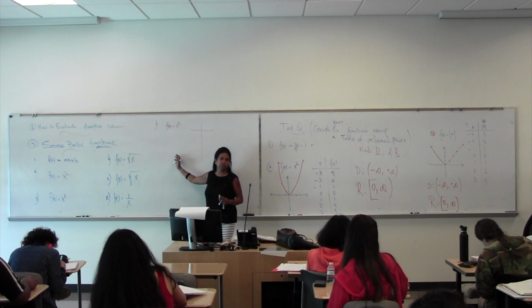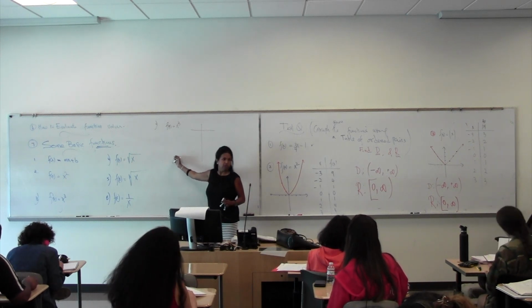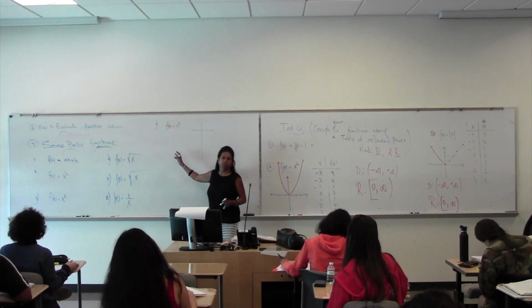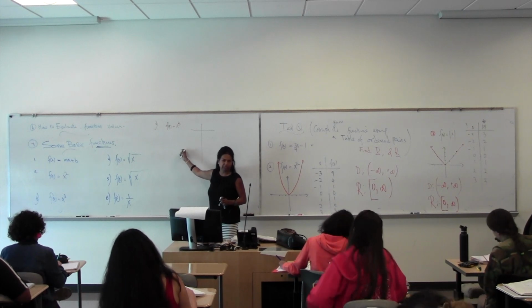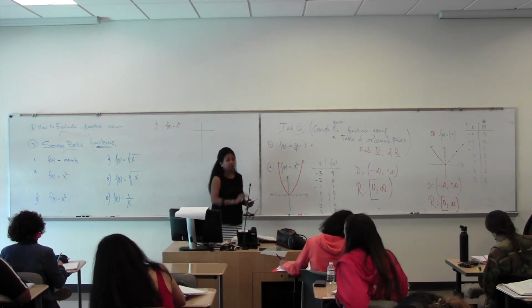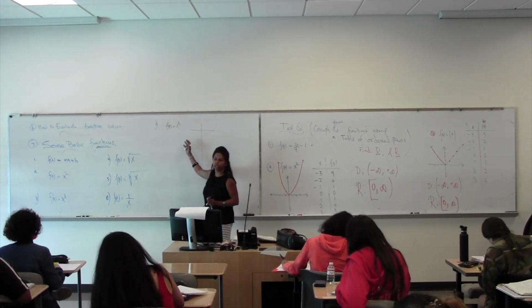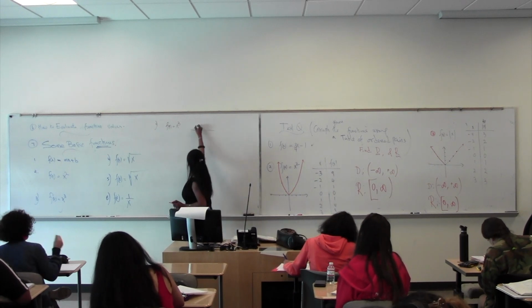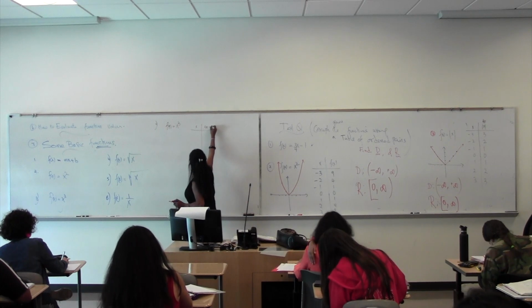Remember guys, I have told you in this class, you're not doing the work for me, right? So even though you can do the mental math and come up with the numbers, the requirement says show your work, create a table of ordered pairs. This is how you tell the story of how you got it. So x here, f of x is equal to x cubed, this is the y value.